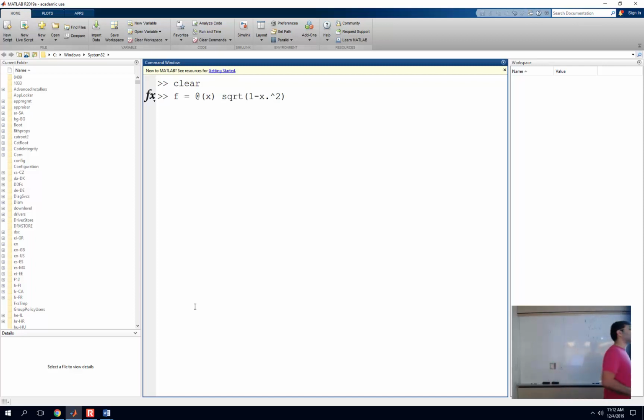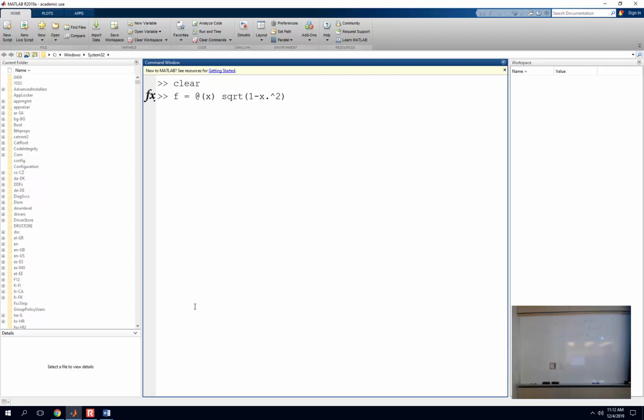Reason for that is, especially when you're dealing with a numerical approximation like trapz, you have a bunch of x values that you want to evaluate, right? So x squared wouldn't work without a dot, because for each x value I need a y value. Make sense?